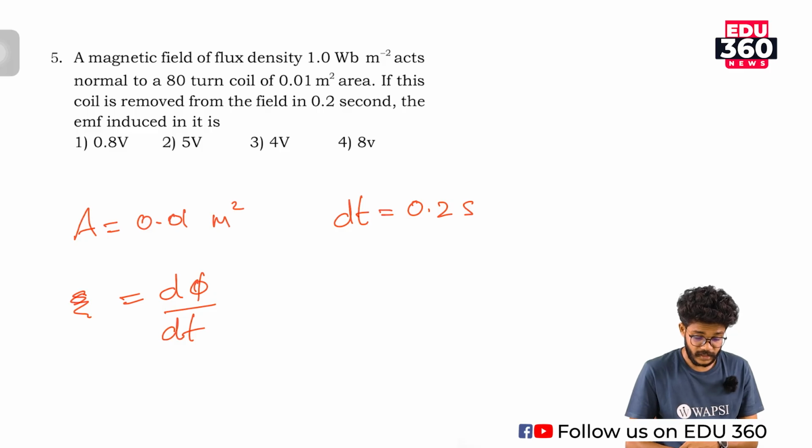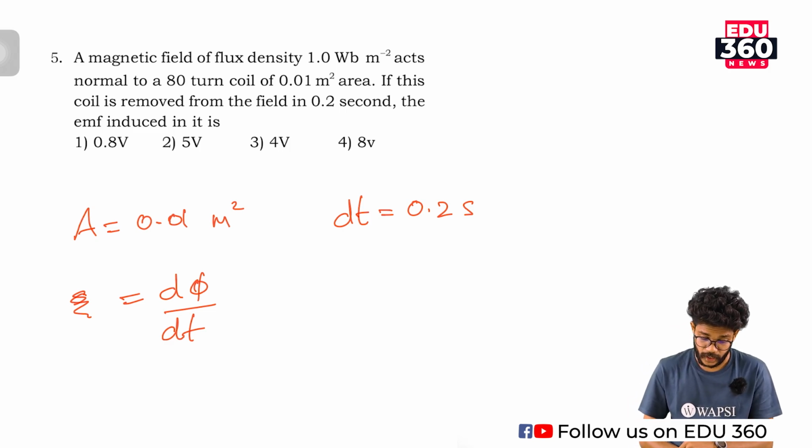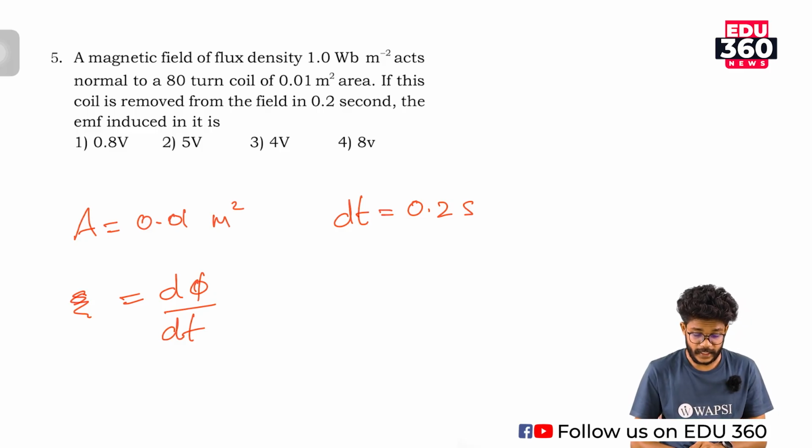Okay, flux density means for one coil for a unit area. Okay, here the area is 0.01 meter square. So per unit area we have 1 Weber, so that is multiplied by 0.01.